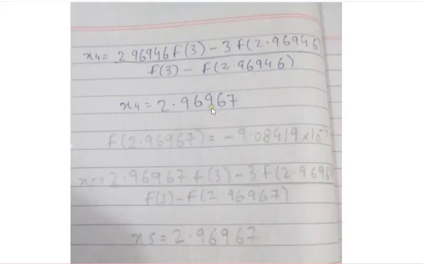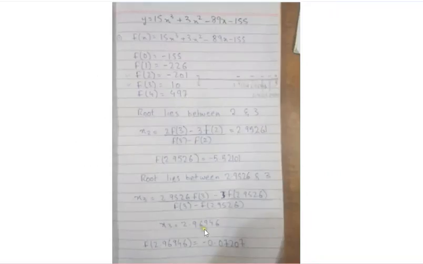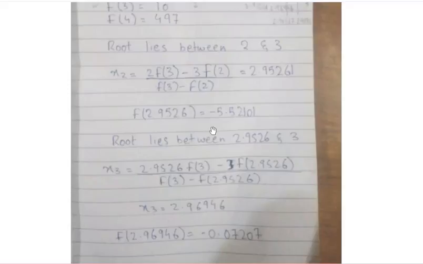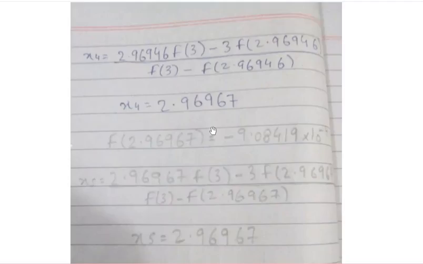Now as you can see, we are getting nearly the same value, the same exact value till 3 digits, 2.969. So again, to make sure, I will make another iteration, which will be our x5.